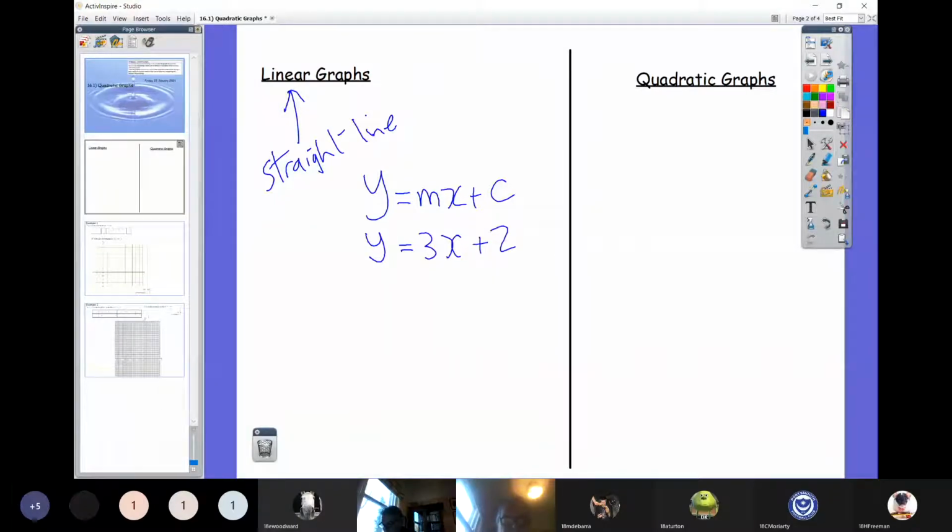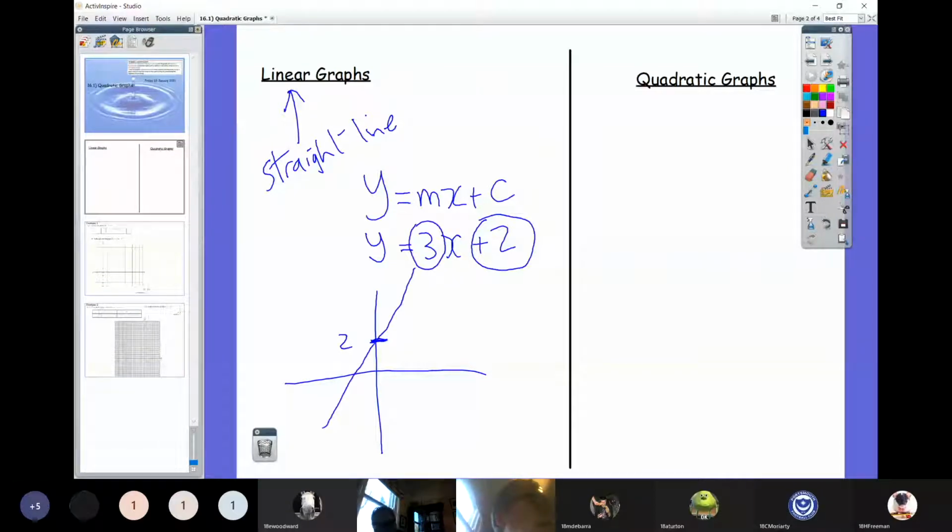That would mean that it crosses the y-axis at 2, and it was quite steep with a gradient of 3. Over the past we have done quite a bit of linear graphs. You may have forgotten, but it will come back to you quickly when we do them.